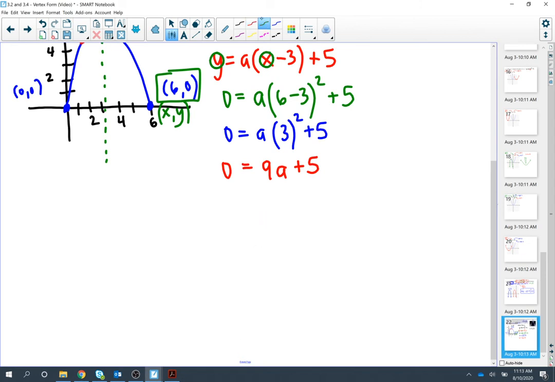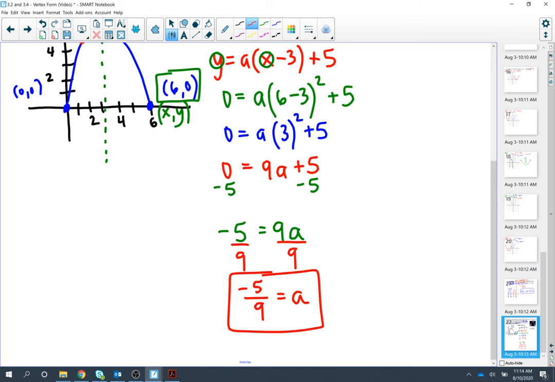Then I'm going to subtract 5. So negative 5 equals 9a. Then I'm going to divide by 9. So negative 5/9 equals a. And again, just leave it like that.